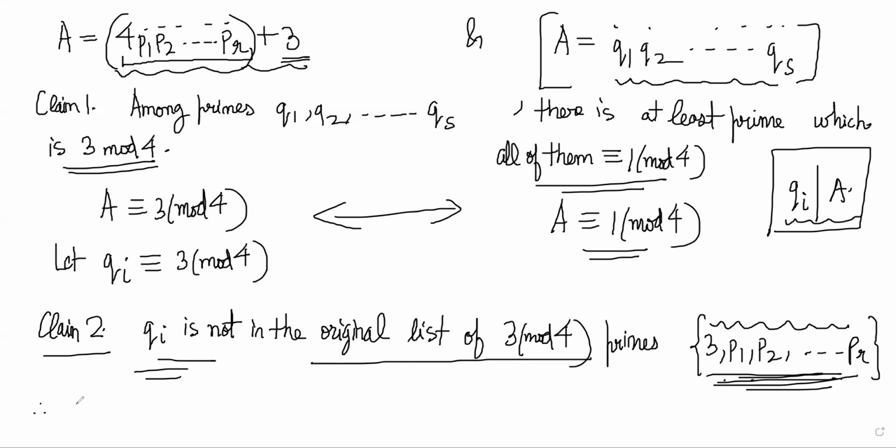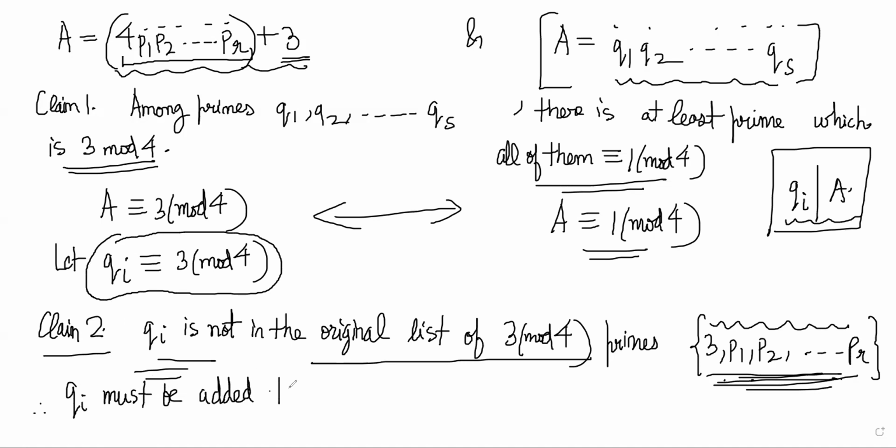And therefore, we have realized that Qi was itself a 3 mod 4 prime, so Qi must be added to the initial list of 3 mod 4 primes, right? So we have discovered a process by which we started out by saying that initially my finite list of 3 mod 4 primes was 3, P1, P2 till PR.